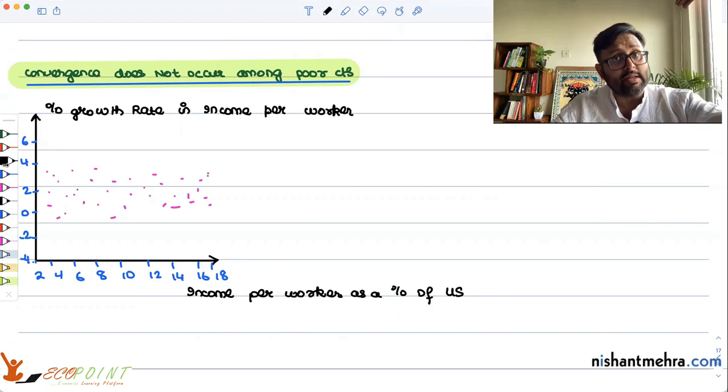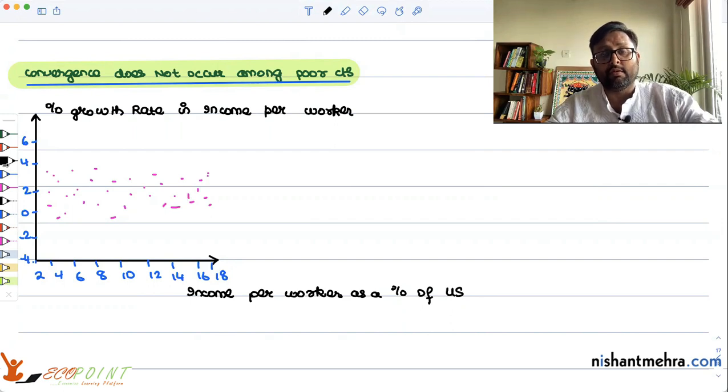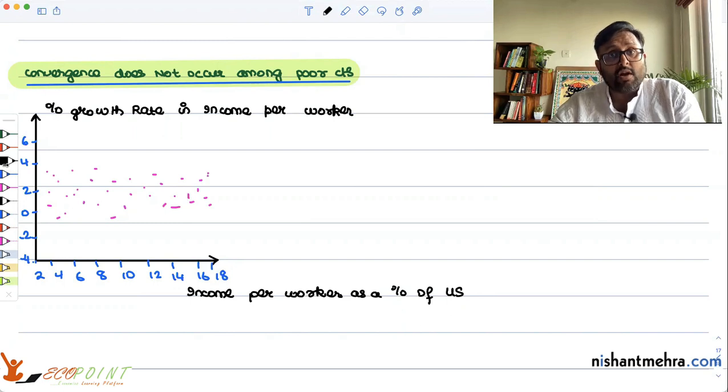What you assumed earlier, that all countries are identical, with the same savings rate, the same population growth rate, the same labor force growth rate, the same technology, that assumption is wrong. Because the access to technology is different, you do not find the evidence of convergence in all countries. That's an idea, right?